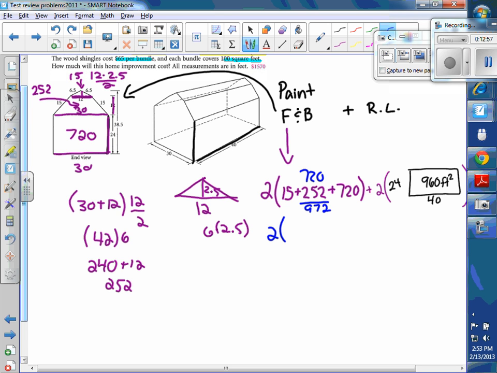Plus 15, which is 987. Okay, 987. And then 2 times 960. What's 2 times 96? 192, right? So 1920.